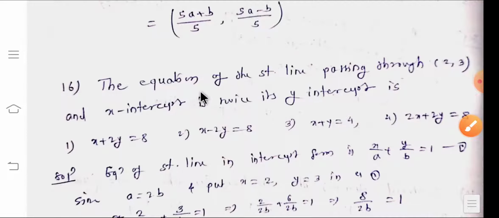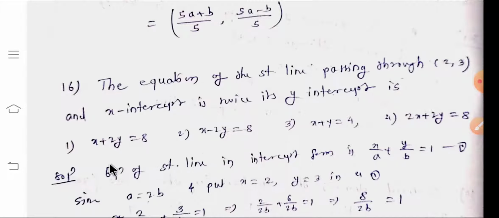Next one is, the equation of a straight line passing through (2, 3) and x intercept is twice its y intercept is. First one is x + 2y = 8, x - 2y = 8, third one is x + y = 4 and 2x + 2y = 8. So again a point is given and equations are given.